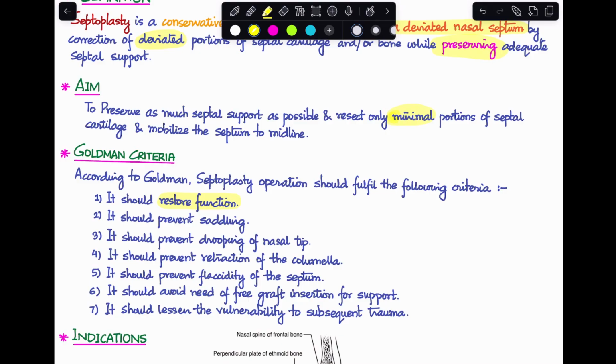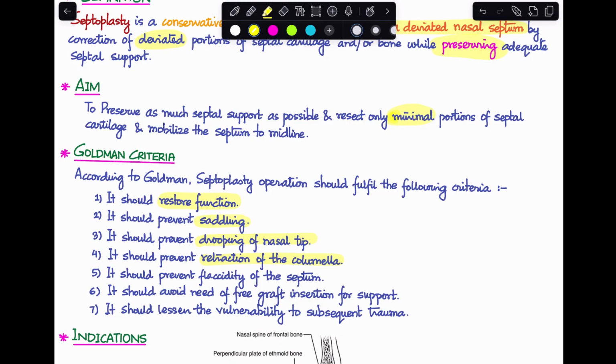Second, it should prevent saddling. It should prevent drooping of the nasal tip. It should prevent retraction of the columella. Now, these are all complications that can happen in septoplasty as well as SMR, but more commonly seen in SMR because it is a radical surgery. So, these are all things you need to keep in mind, and septoplasty operation should be able to fulfill all these criteria.